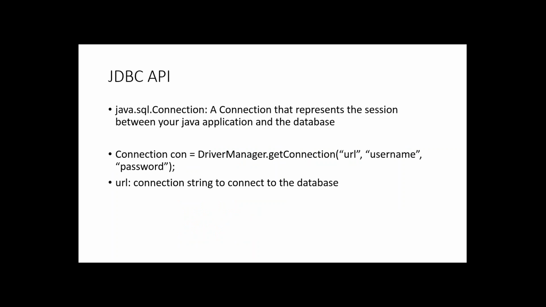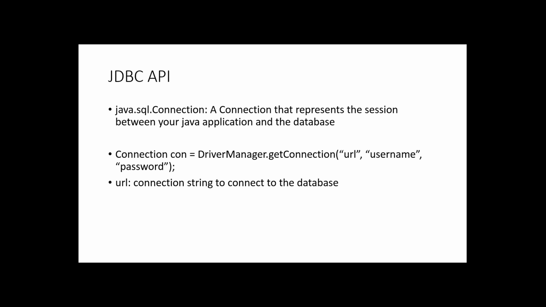Now we said, okay, we have got JDBC API, that is a set of libraries that will help you to communicate with the database. The first one is java.sql.Connection, and all the JDBC API methods are present in the java.sql package. The first interface we are discussing is the java.sql.Connection interface. This will help you to establish the connection, and if you observe, Connection con equals DriverManager.getConnection, you are specifying the username and then the password.